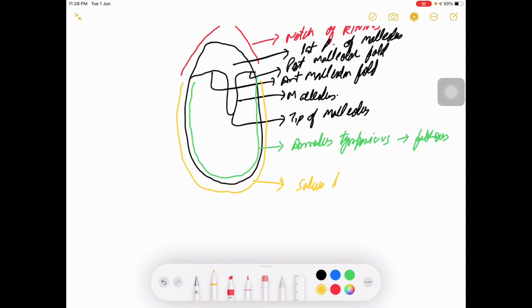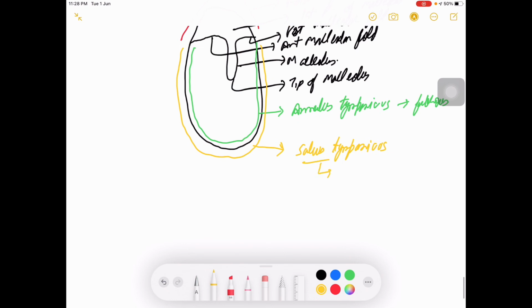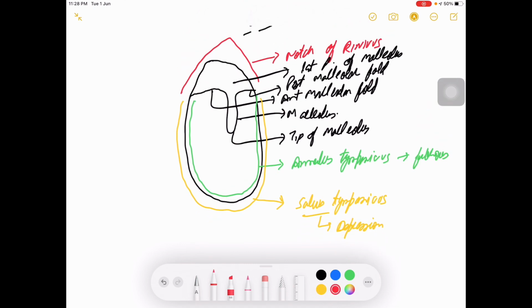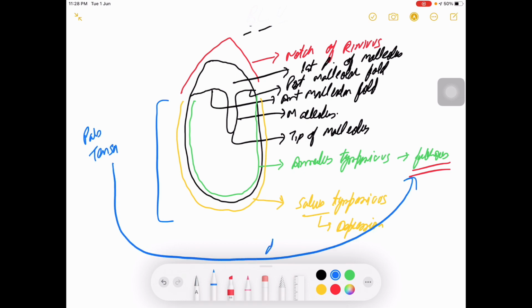This is known as sulcus tympanicus. Basically it is a depression, that's why we are not calling it a fossa as such, we are calling it a sulcus. So since over here we have this fibrous part, let me take blue color. So this is known as your pars tensa due to fibrous part, and this is known as pars flaccida.